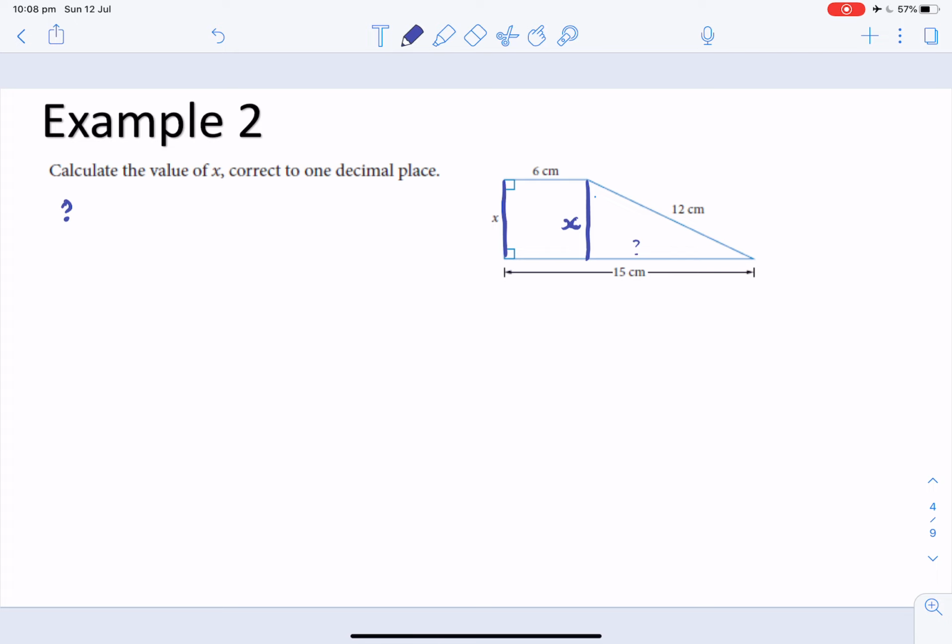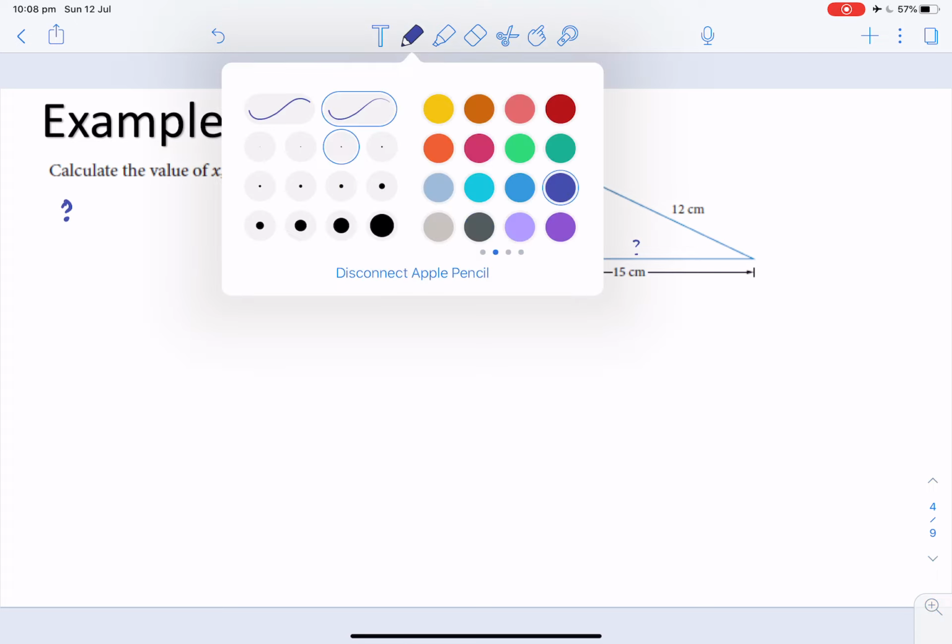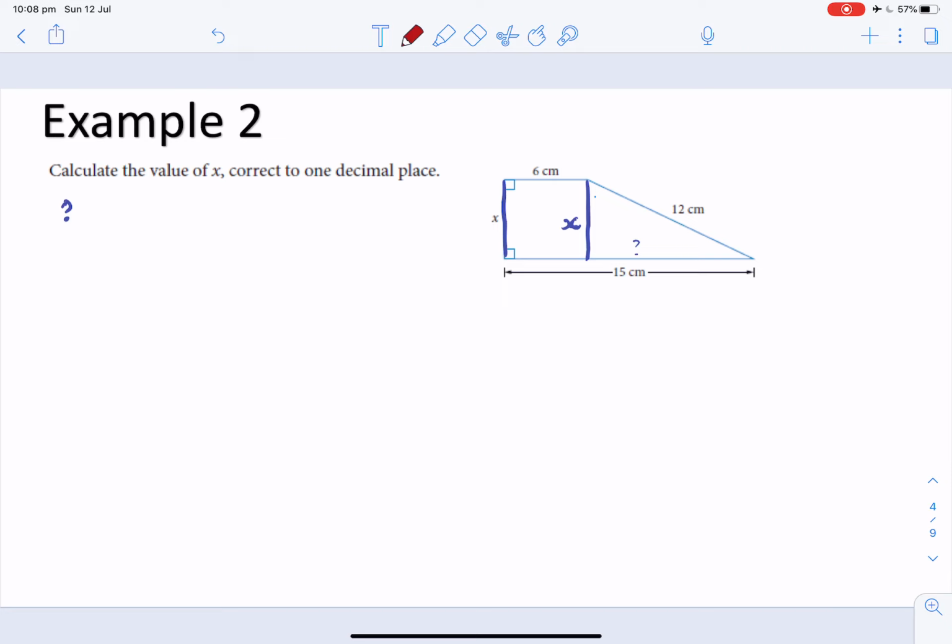So I know that the length of the entire bottom composite shape is 15. I also know that from here to here, again following that same rectangle rule, so to speak, that both lengths are the same and both widths are the same, I know that that bottom line here, we'll colour that red, is the same as the top line here, which means it's 6 centimetres.